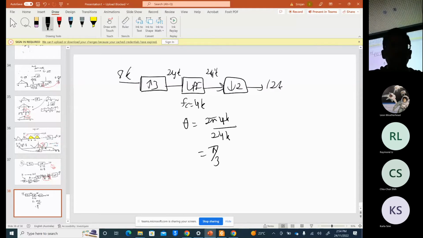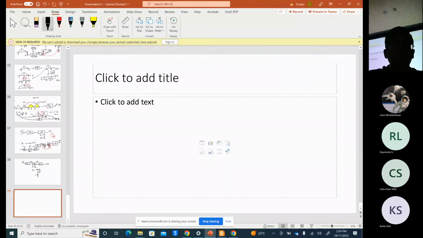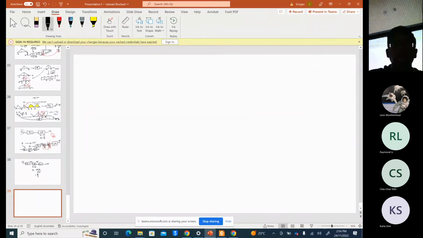Okay. So that is multi-rate signal processing, and there is a small section on modulation also. Sometimes you will have modulation and downsampling.